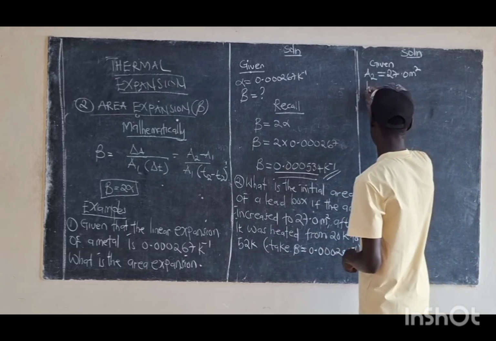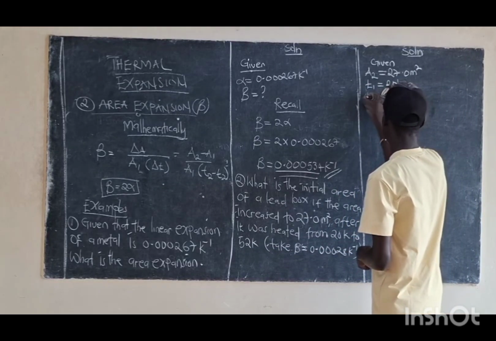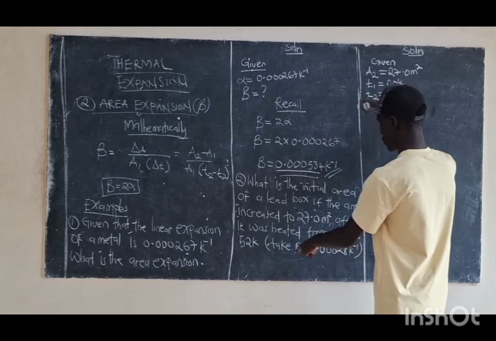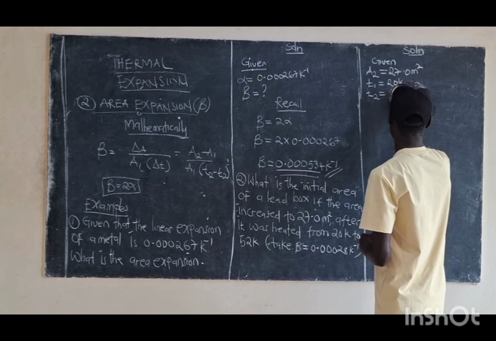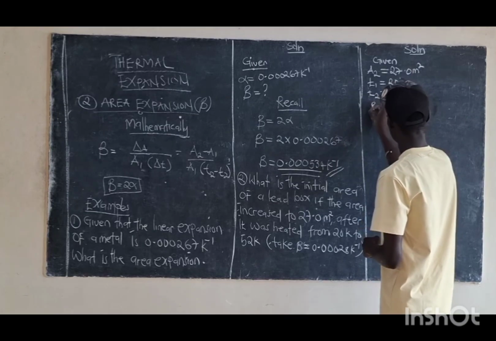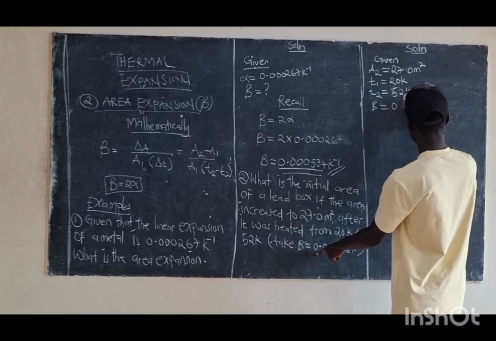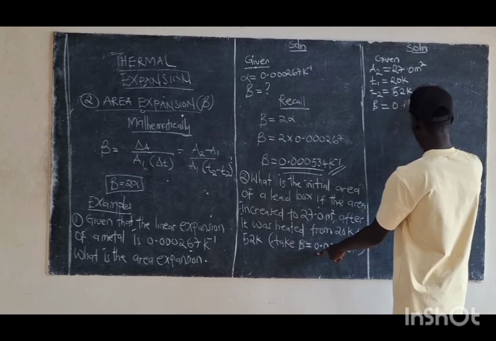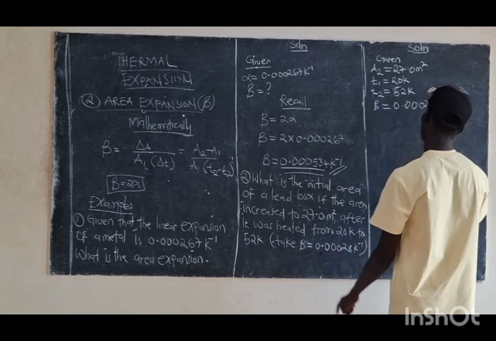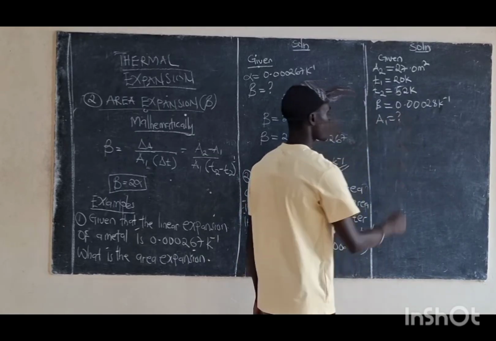So T1 equals 20 Kelvin and T2 equals 52 Kelvin. In the bracket there we are given beta as 0.00028 per Kelvin. And we are looking for the initial area, which is question mark.